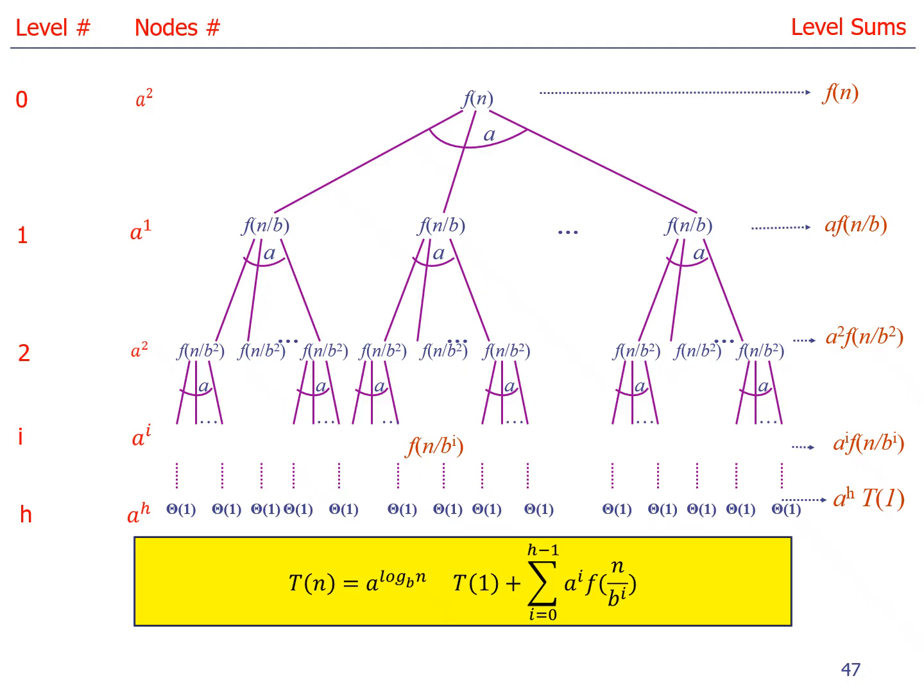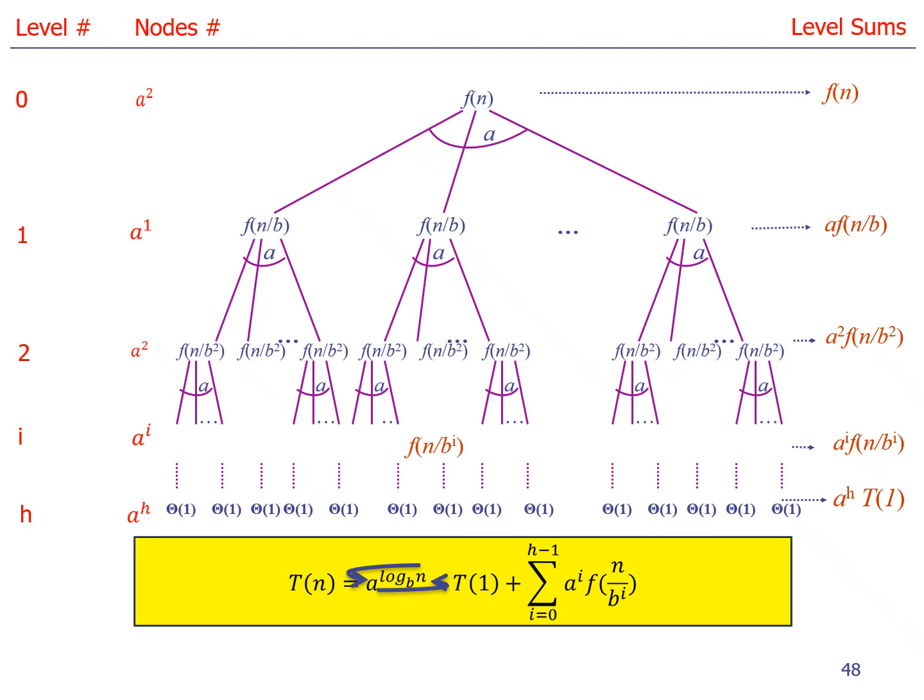So this is now my formulation. T of n is equal to a to the power of log n base b instead of h, multiplied by a constant, and this is the amount of work we do at the leaf level, plus the rest, which I already mentioned. I will play a trick with logarithms here. I will swap the a and the n. I'm going to get the same answer.